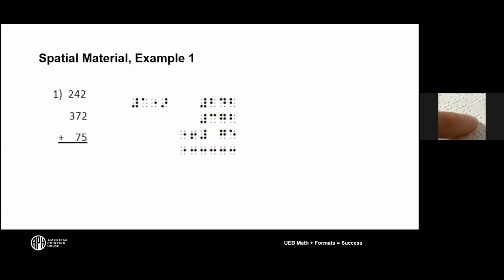So for example, we're going to call this item number 1, and it's 242, and then below that 372, and below that plus 75 with a horizontal line under that, so like a sum line. So in Braille we might do number 1 and a closed parentheses, and that's, at least for addition, on the same line as the first addend of the addition problem.